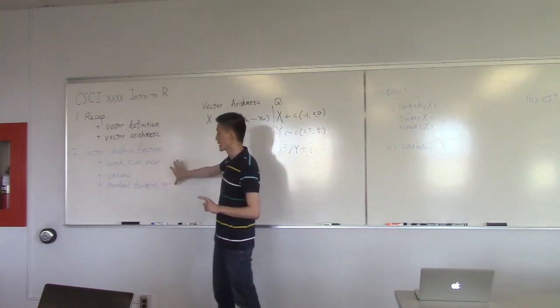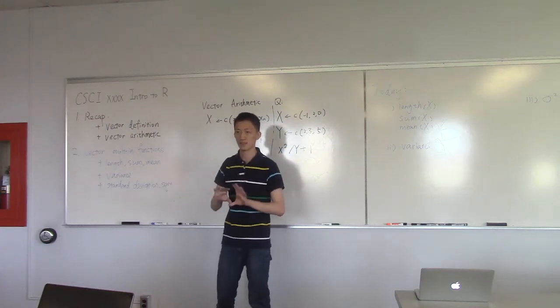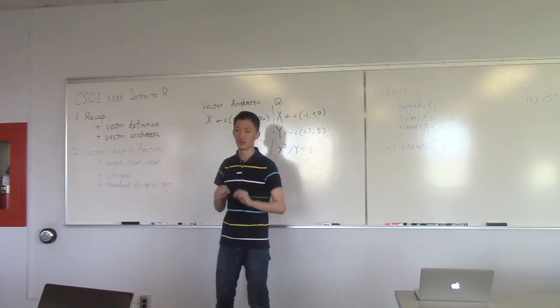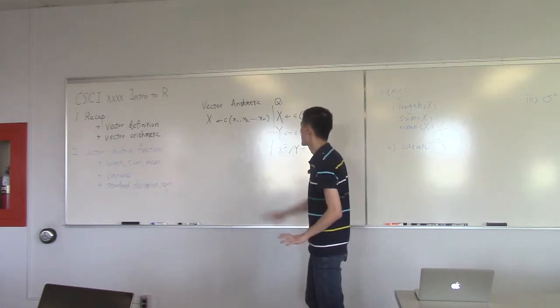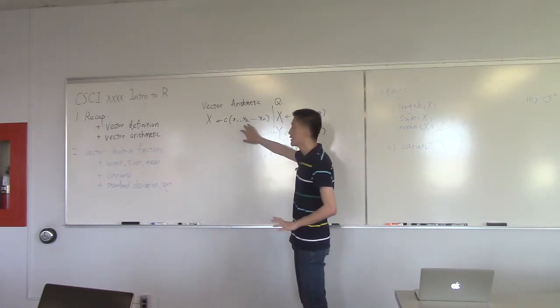So these are basically all the basic statistics functions you're going to frequently use either in your homework or in your real-world project experience. Okay, so let's move on to the recap.